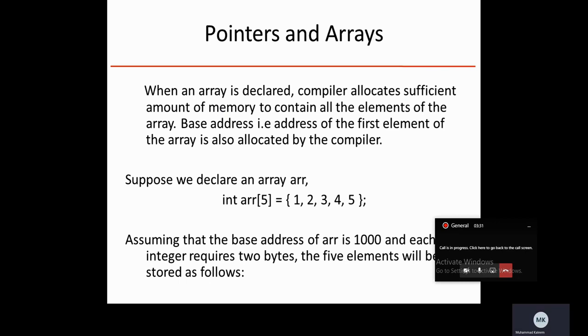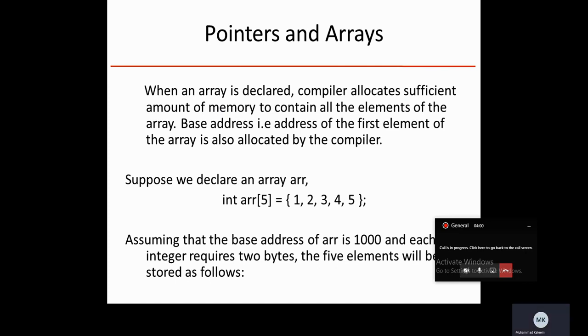Suppose we declare an array by the name ARR. So int ARR[5] = {1, 2, 3, 4, 5}; means we are declaring an array of size 5 of type integer and initializing it with these 5 values.